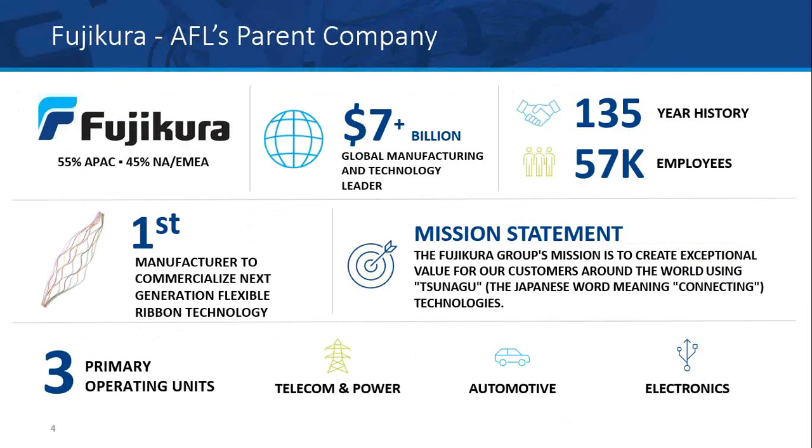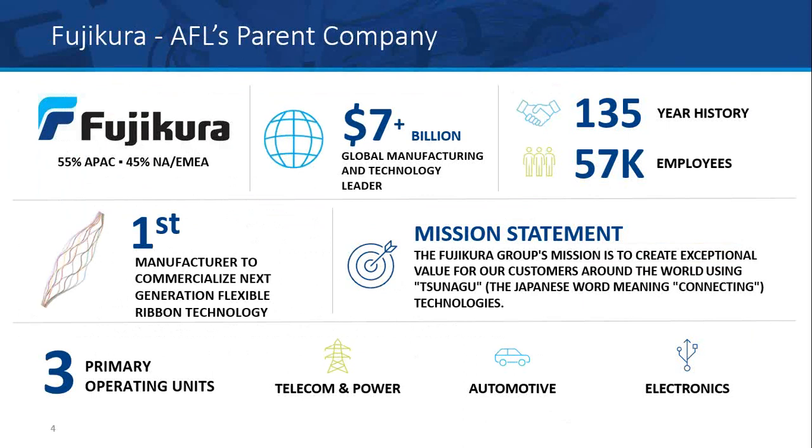First off, a brief history of AFL and who we are as a company, if you're not familiar. AFL is a wholly owned subsidiary of Fujikura, based out of Japan. Every time I mention Fujikura, half the room asks about fusion splicers and the other half asks about golf shafts.